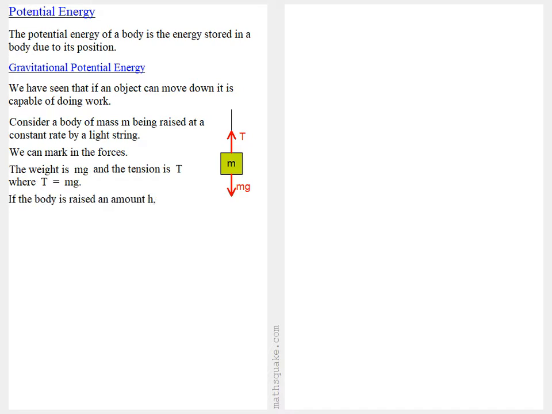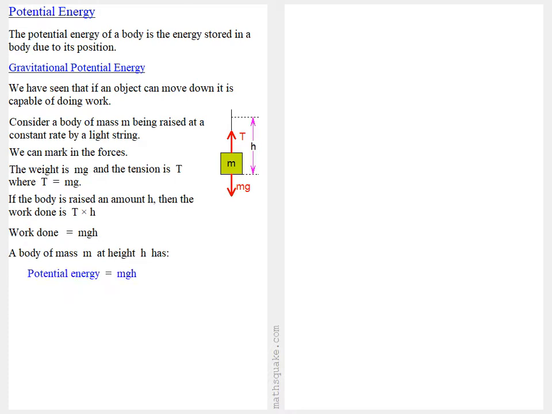If the body is raised an amount h, then the work done is T times h. Now T is equal to mg, and so the work done is mgh. So, if a body of mass m has a height h, we say it has potential energy mgh. But note, it is important to define where the height is measured from.